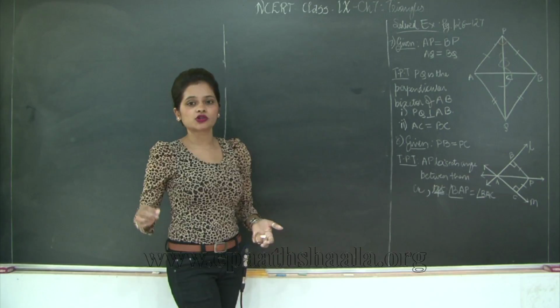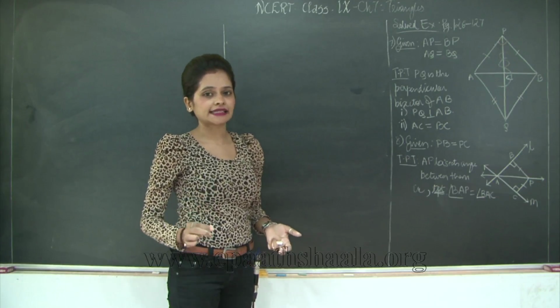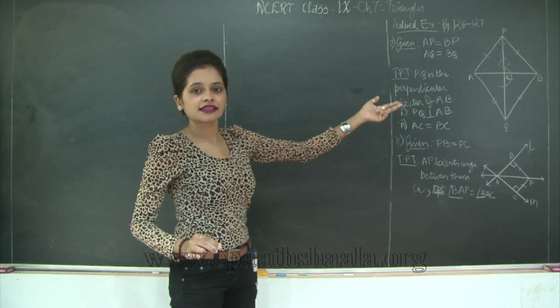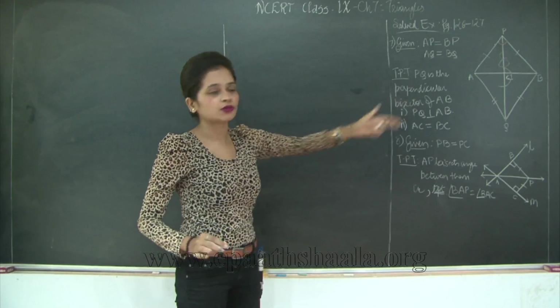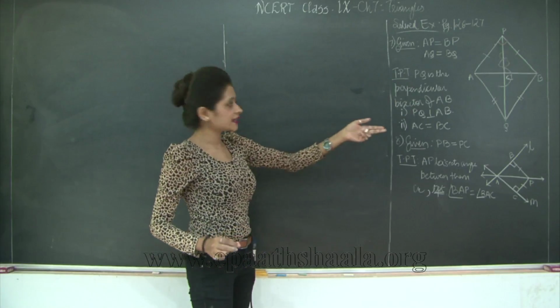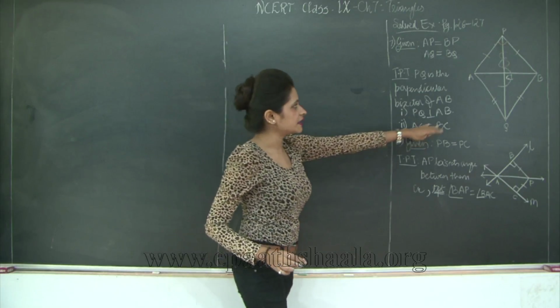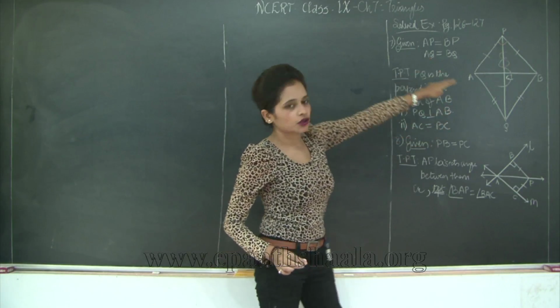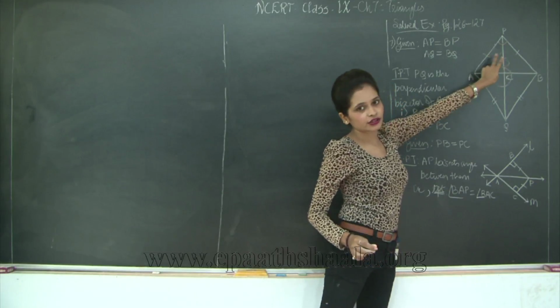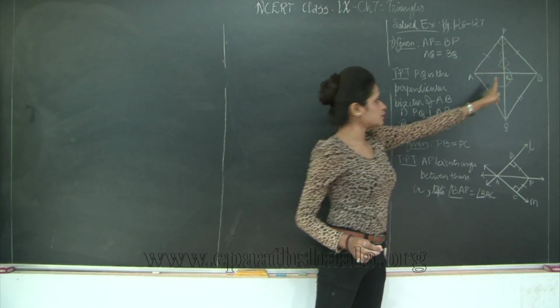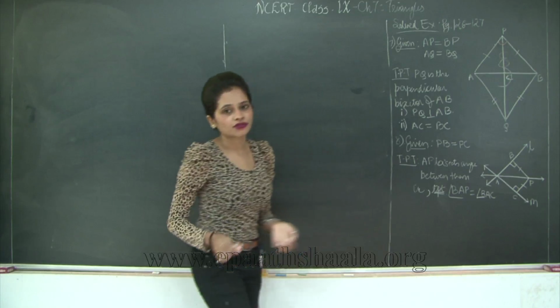Therefore, x is equal to 180 divided by 2, which is 90 degrees. Therefore, ACP is equal to BCP, which is 90 degrees, and PQ is perpendicular to AB. Similarly, proving AC is equal to BC is very simple. Because we proved that the two upper triangles are congruent, AC is equal to BC by corresponding parts of congruent triangles.